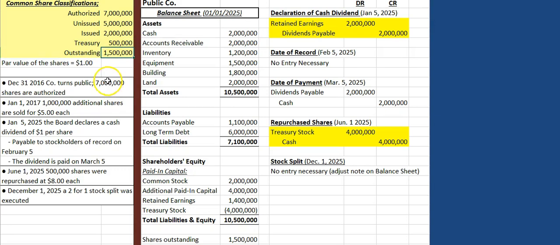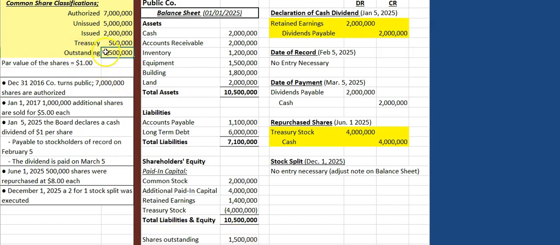okay? So they have a total of 7 million shares that were authorized way back in the beginning. They've issued a total of 2 million, which means they have 5 million unissued. Of the 2 million, they repurchased 500,000, which means that they have only 1.5 million outstanding at this point, right?